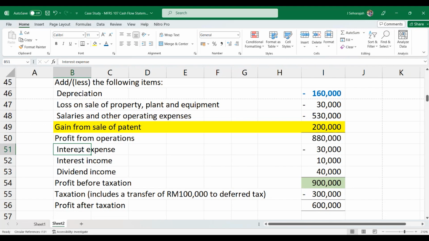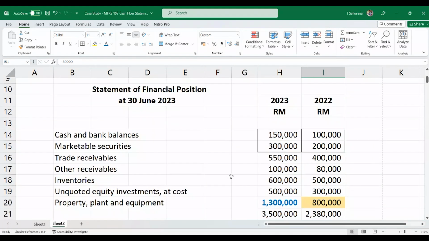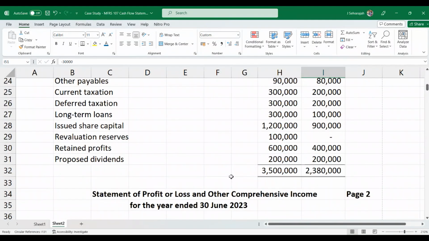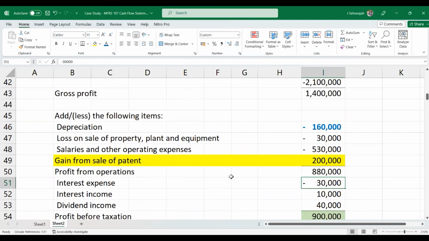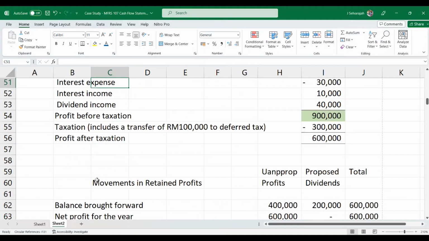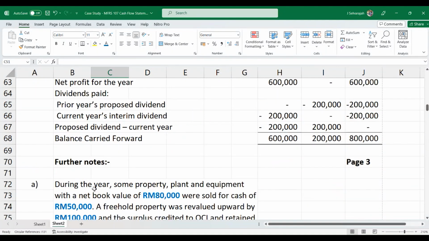Why? Interest expense is 30,000, right? That's the interest expense next to interest paid. Okay, let me search for the interest paid. Is it given in the question? Finance cost. Because I know this is the finance cost. Profit before tax is this. This is all net profit, dividends, interim dividend, not relevant.